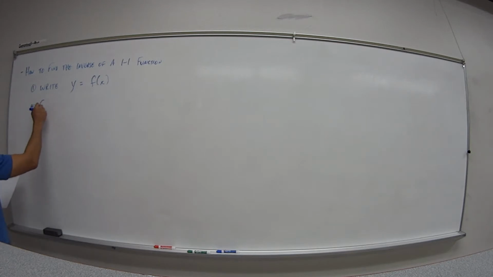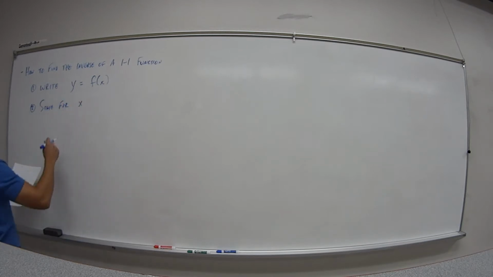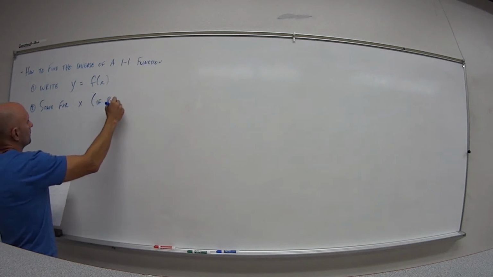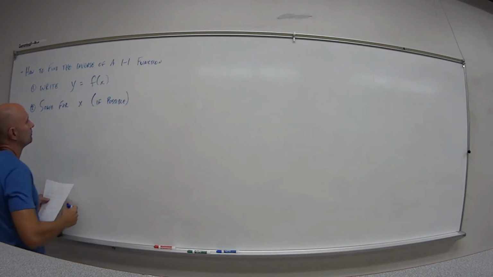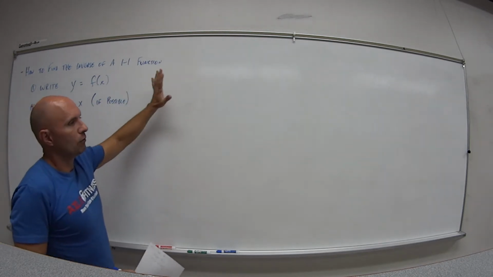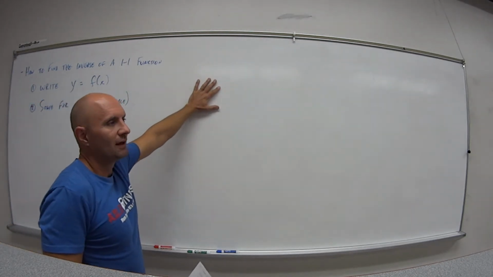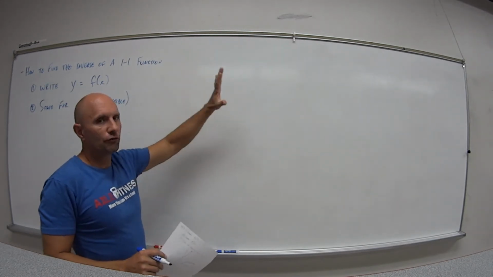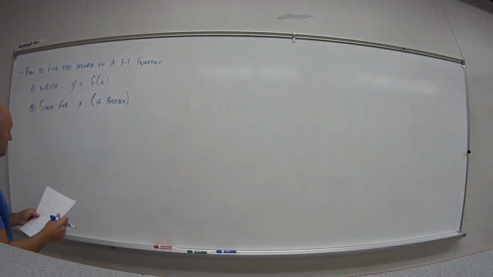We're going to solve for x, and this is if possible, so sometimes it won't be. We're going to have y equals whatever the function is, and we're going to move all the pieces around so that we end up with x equals something all by itself.